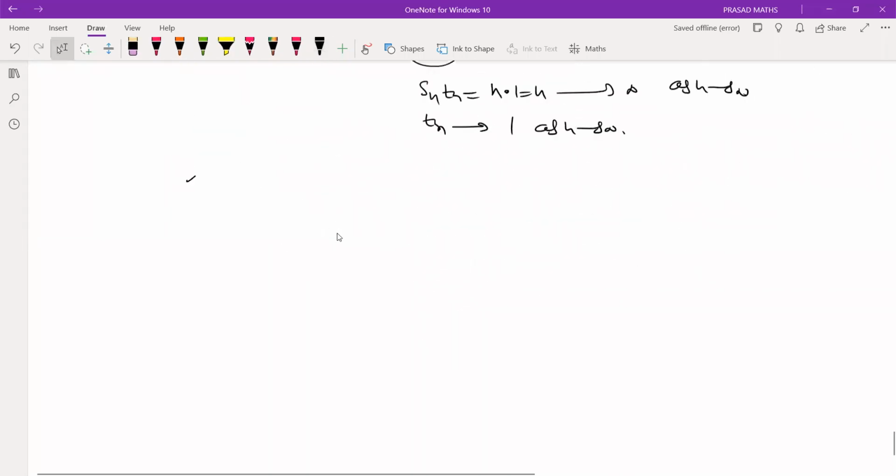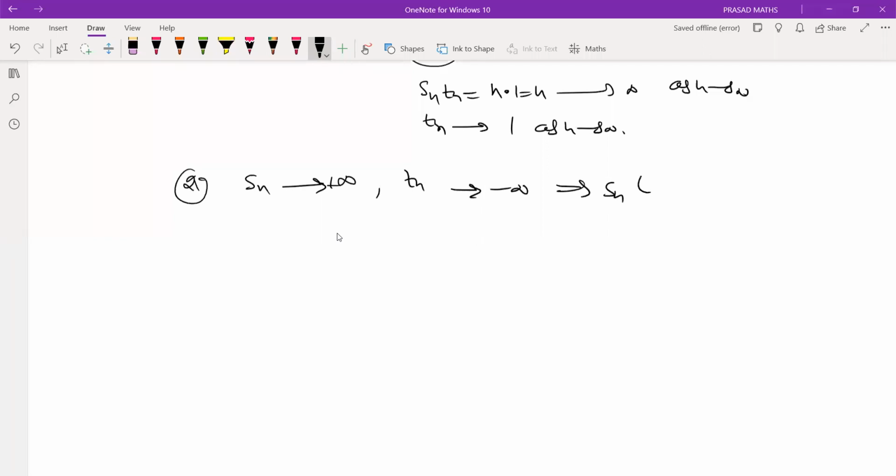Property 21. Suppose Sn diverges to plus infinity and Tn diverges to minus infinity. Obviously, the product diverges to minus infinity. What about the converse? Is the converse true?